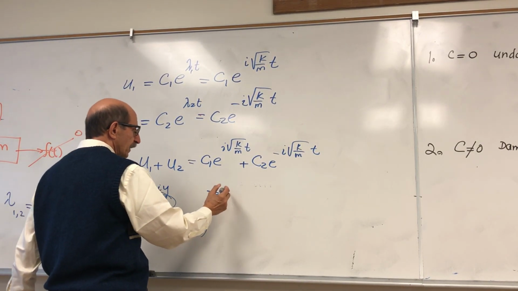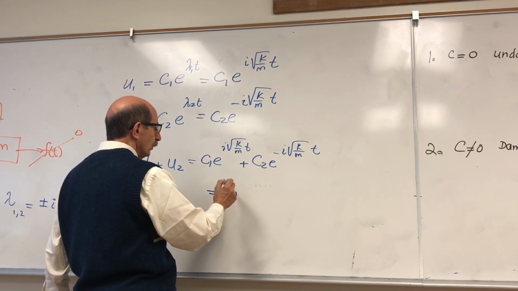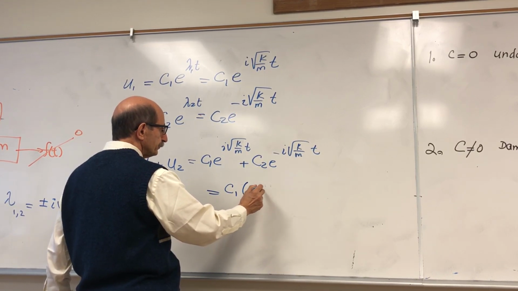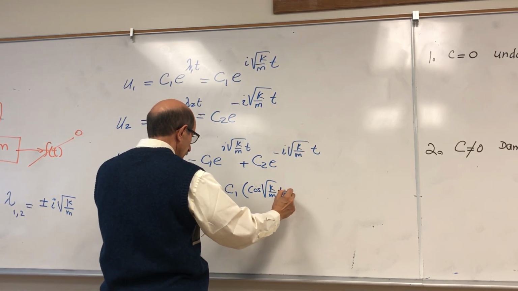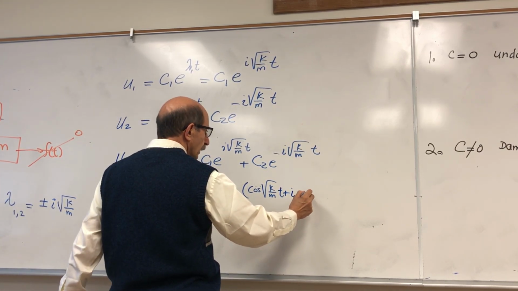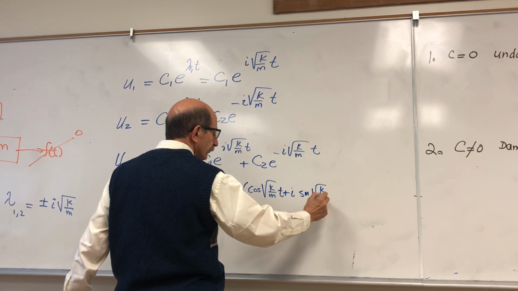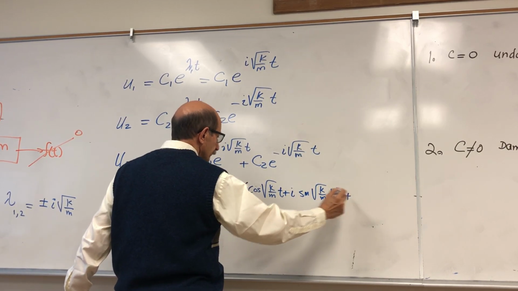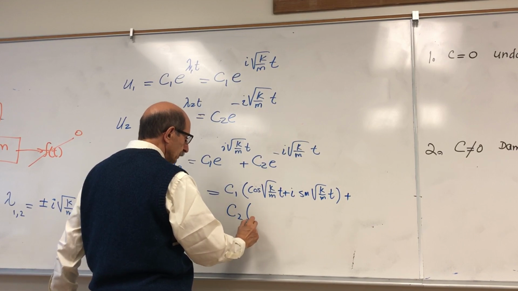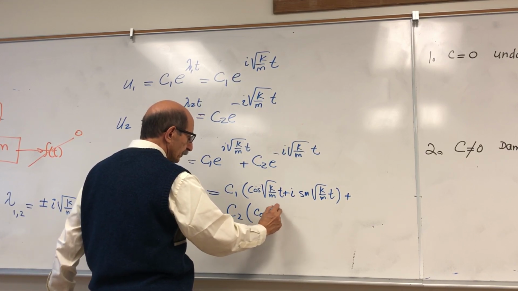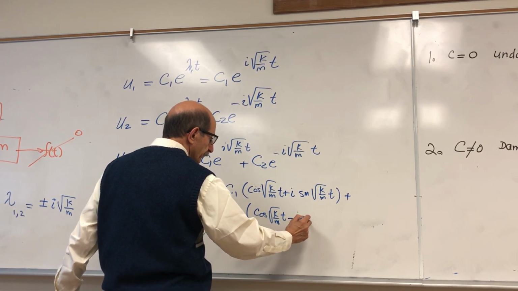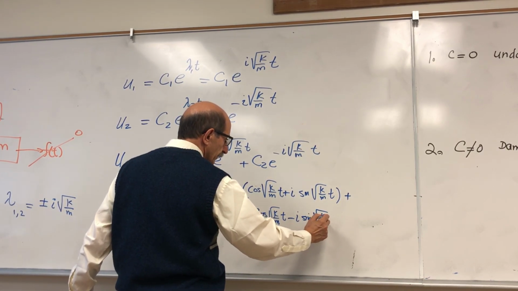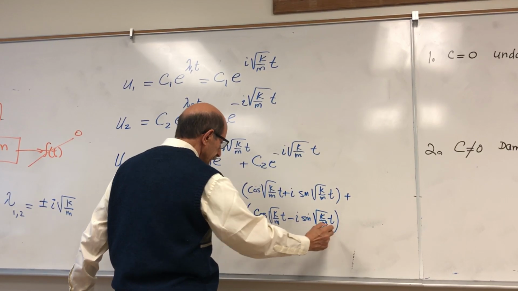So I can write this as C1 times cosine of square root of k over m t plus i sine of square root of k over m t, plus C2 times cosine of square root of k over m t minus i sine of square root of k over m t.